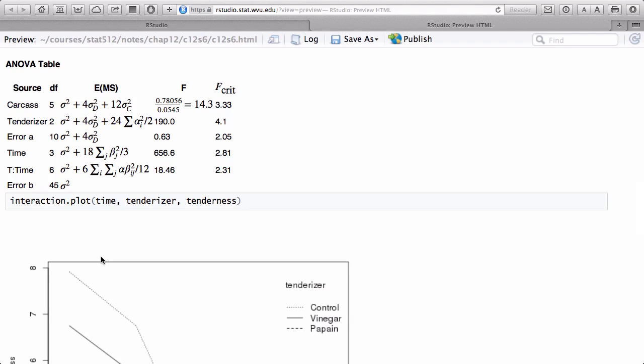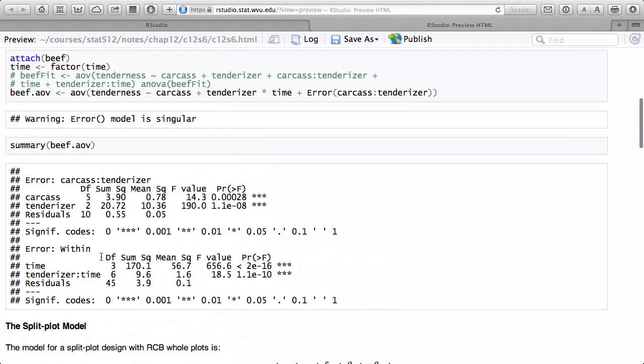Now the time and the tenderizer are both fixed, whereas the carcass is random. So you can see that we'll use the error B to test those two terms. So that's what this analysis did up here.